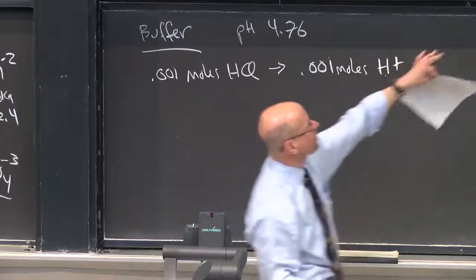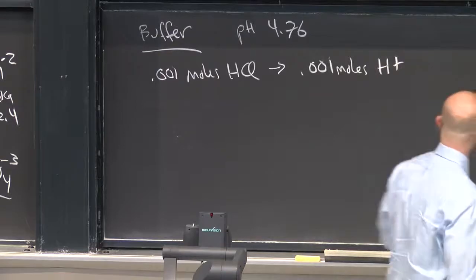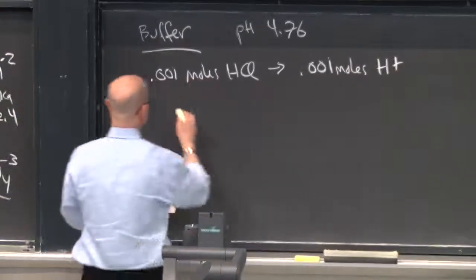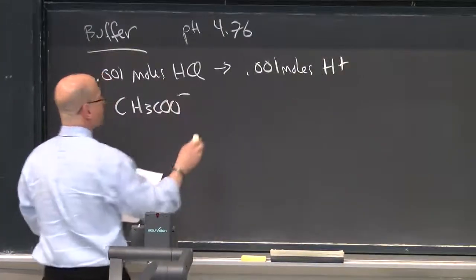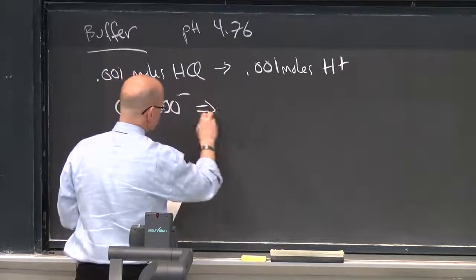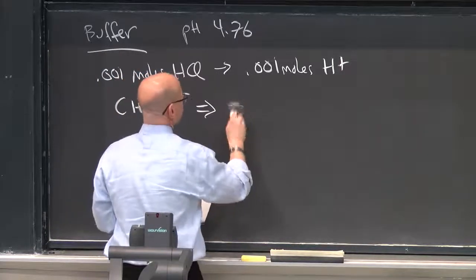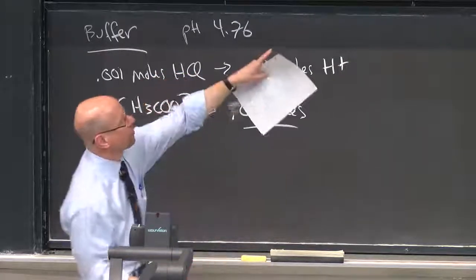Well, they're going to react very strongly with the acetate anion, aren't they? And as a result, the acetate anion, CH3COO minus, that concentration used to be 0.01 moles, right? We said it was 10 millimoles.